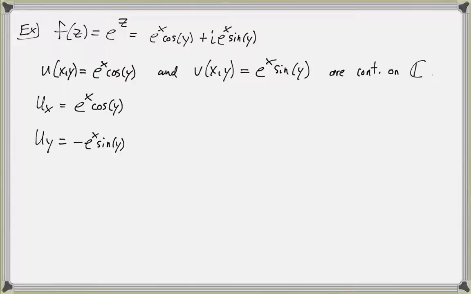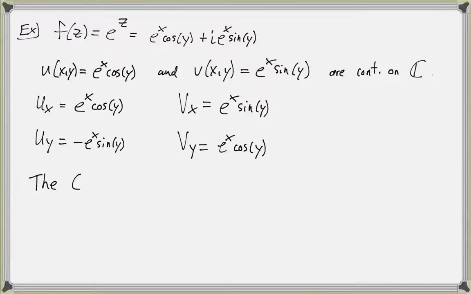The derivative of v with respect to x equals e to the x sine of y, and the derivative of v with respect to y is e to the x cosine of y. So see that the Cauchy-Riemann equations are satisfied for all complex numbers z.